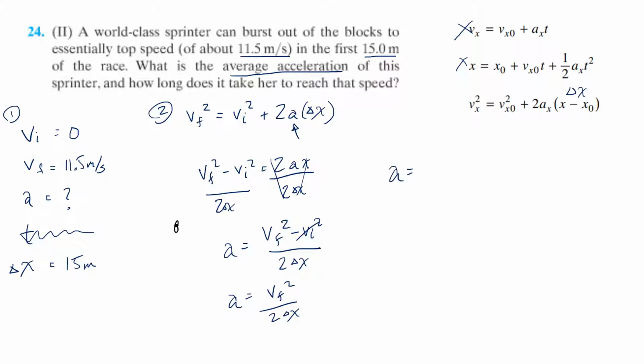Let's plug in, that's our third step, or final step, I don't know. V final is 11.5 meters per second. We're going to square that, divided by 2 times delta x, which is 15 meters. This becomes meters squared and seconds squared.